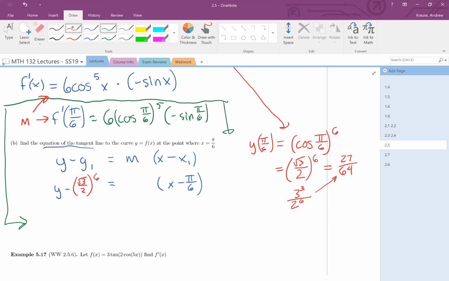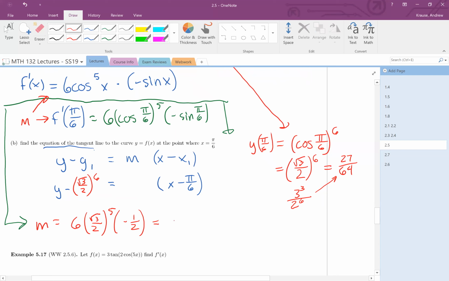Now we're going to have to simplify that a little bit. So we get 6 times, oh no, we're going to evaluate the cosine. Root 3 over 2 to the 5th power times negative 1/2. Sine of pi over 6 is 1/2, but we have that negative that we're carrying along with it.